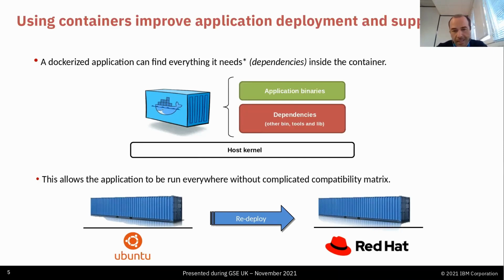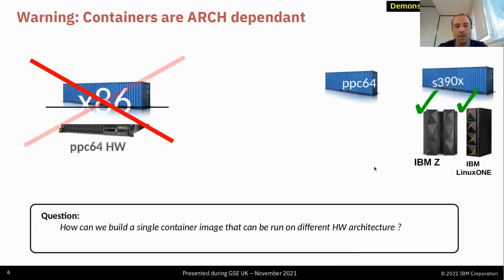That's not exactly the case. The application binaries and dependencies are packaged into the container, but there are specific host kernel interfaces, with specific code for the drivers that exploit the underlying hardware architecture. This is one reason why containers are architecture dependent.